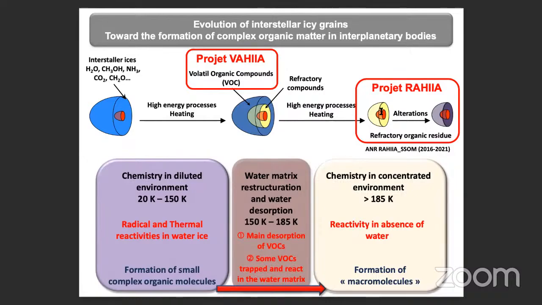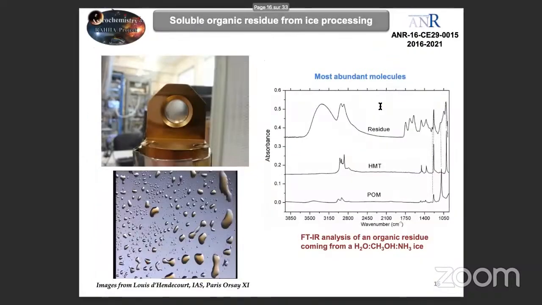So now we will try to understand what sort of organics can be generated during the processing of these ices and that stack at the surface of the grain. Classic analyses are based on infrared spectrometry. Here you have the results that were obtained with Louis de Cour at the Institut d'Astrophysique Spatiale with the MICMOC experiment. Here you have a microscope picture of the residue. In fact, this is an organic oil that you obtain.